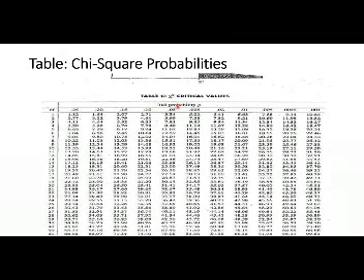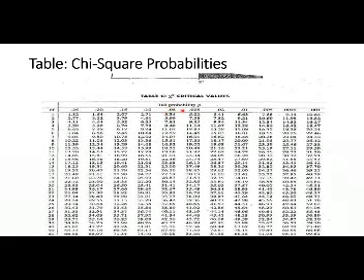First, we will go to the tail probability. Our hypothesis is that vaccine B is better than A. This means that this is a one-tail hypothesis. For a one-tail hypothesis, we always use 95% confidence.